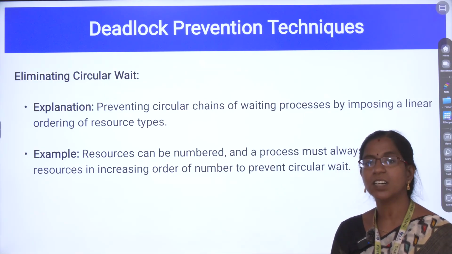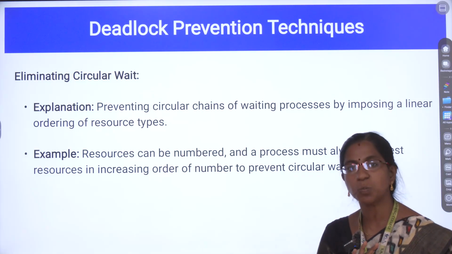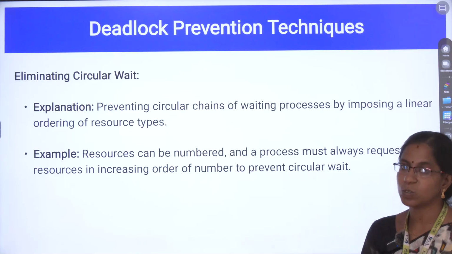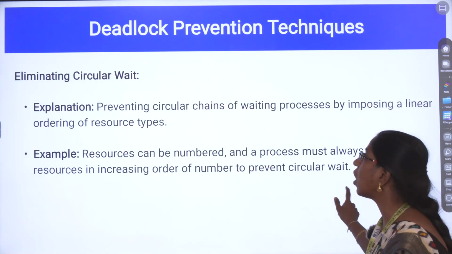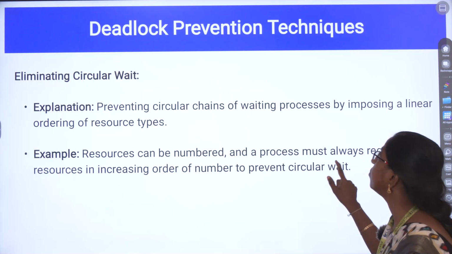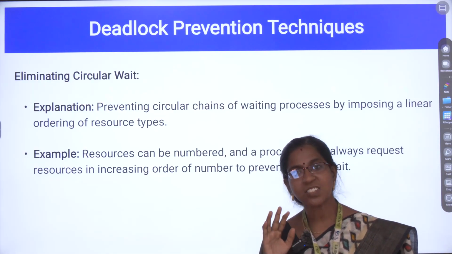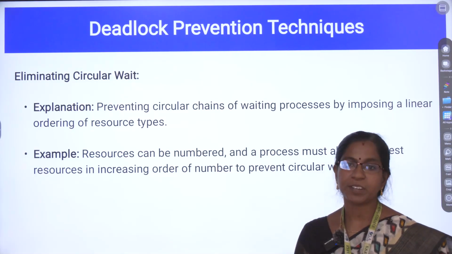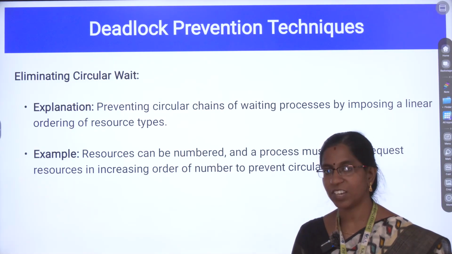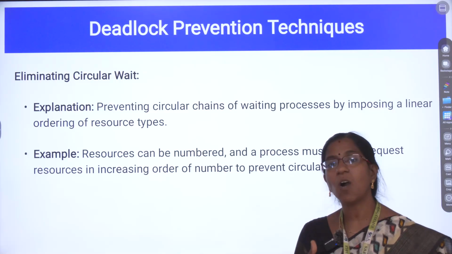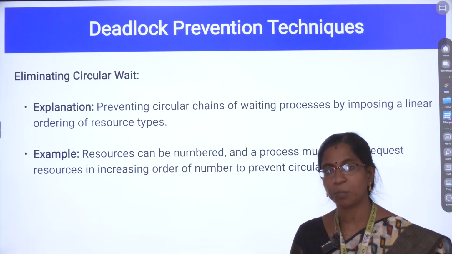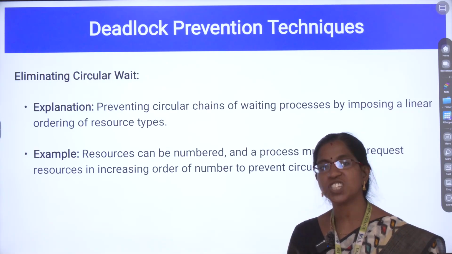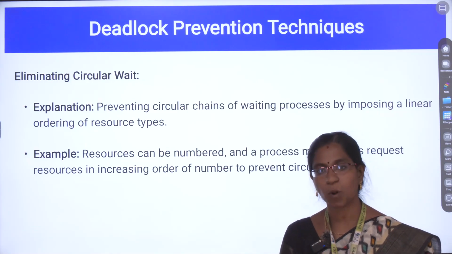So the situation of circular wait, this circular dependency, is avoided by using the linear ordering of resource types. These are all deadlock prevention techniques. The conditions for deadlock are mutual exclusion, hold and wait, no preemption, and circular wait. To prevent deadlock, we can use alternative methods for avoiding these conditions in processes.